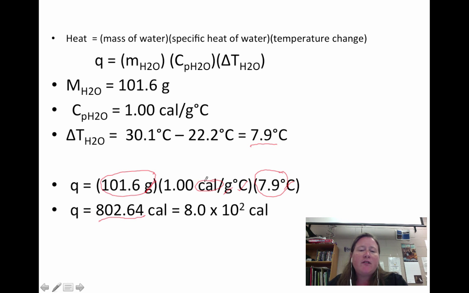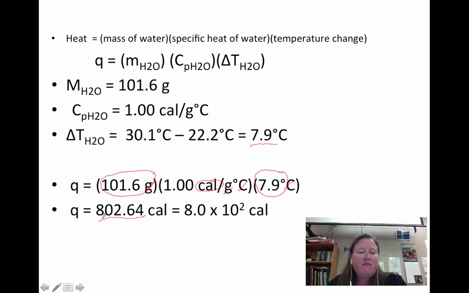Specific numbers that are constants or known values, like specific heat, are not taken into consideration when looking at sig figs. You have to look at the measurements. So with multiplication, the measurement with the fewest significant figures, which is this one right here, will determine how many sig figs the final answer will have.